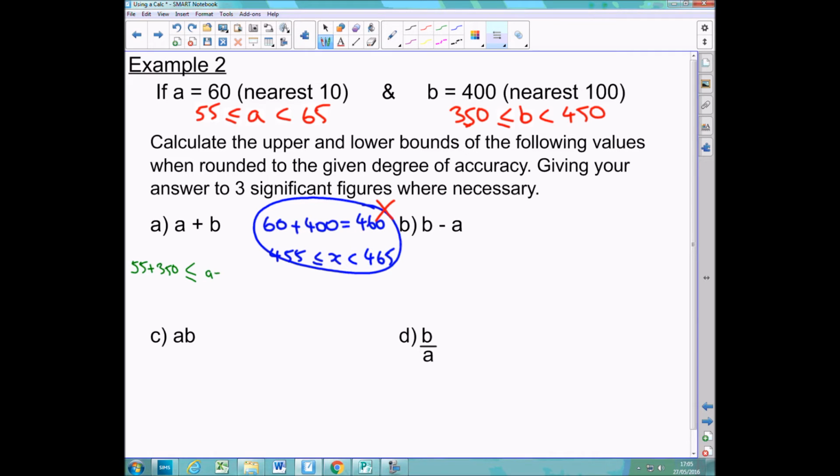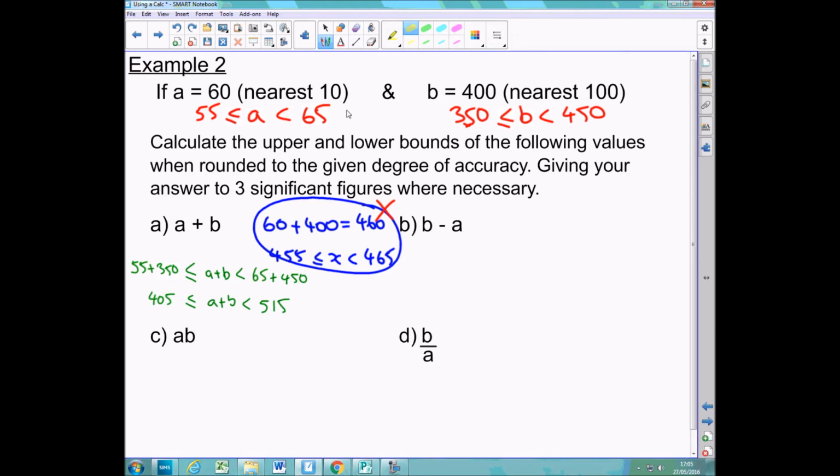And this is going to be the value of A plus B. And my upper bound, I'm going to add the 2 upper bounds together, which is 65 plus 450. Makes sense, doesn't it? The 2 smaller numbers added would give us the smallest possible answer, and the 2 biggest numbers added together would give us the biggest possible answer. So here, if I add the smallest values, I get an answer of 405. And if I add the 2 bigger values, I get the answer of 515.